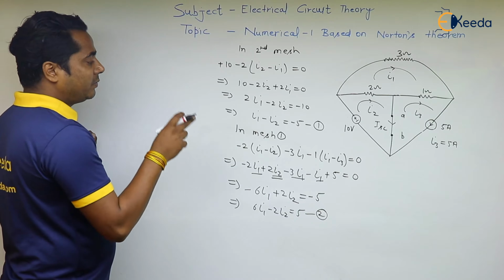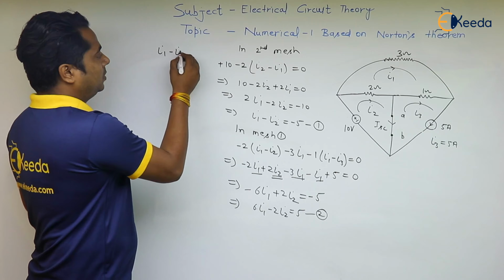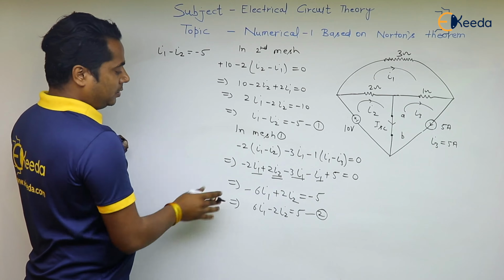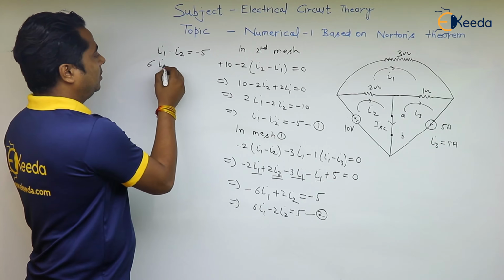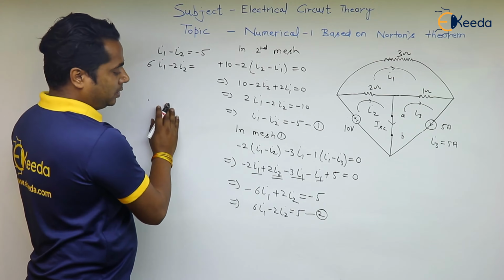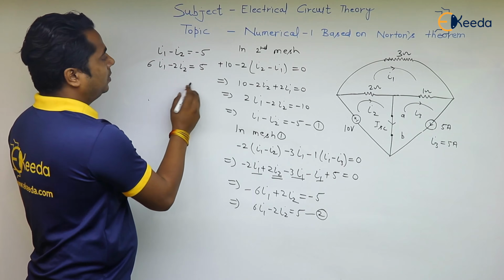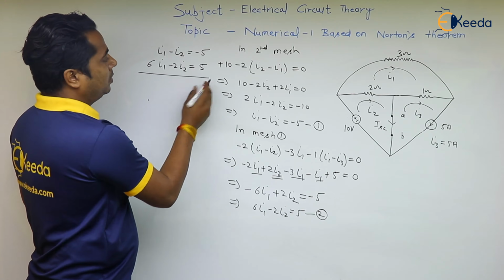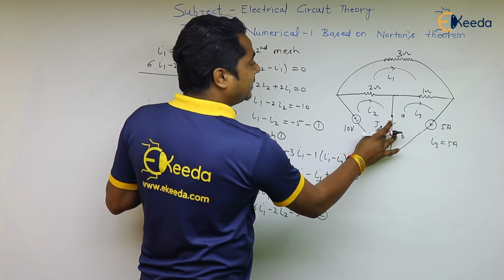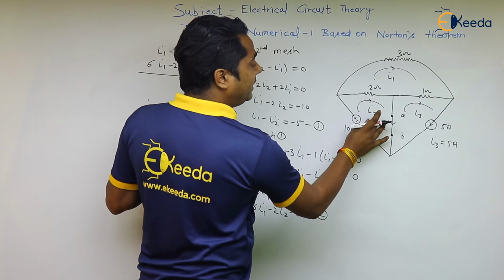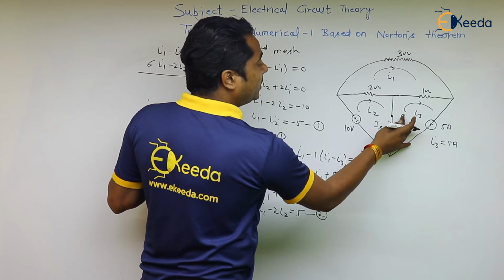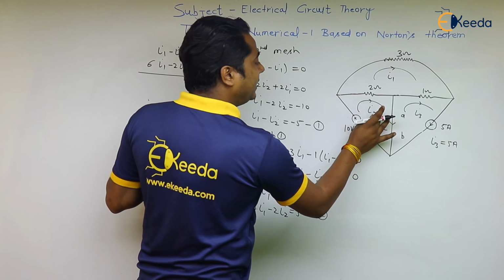Solving equation number 1 and 2. If we are calculating the value of ISC, then that would be the difference of I2 and I3, and the I3 value has been given, so we need to focus on calculating I2.